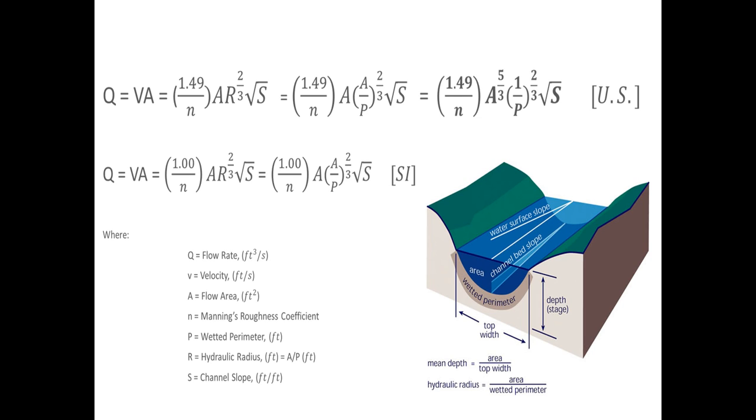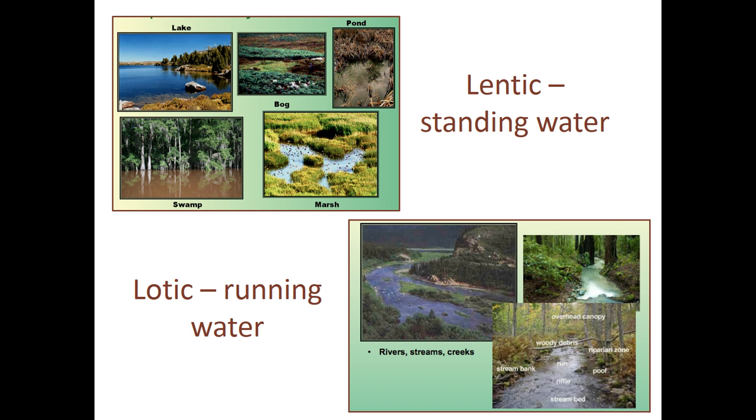The field of fluvial geomorphology is beyond the scope of this course, but it is important to understand the basic concepts that predict riparian health and give clues to activities that may be hindering recovery. Common understanding of terms is essential for communicating about riparian conditions. We will begin introducing some common terms. Ecologists classify water bodies as either lentic or lotic.